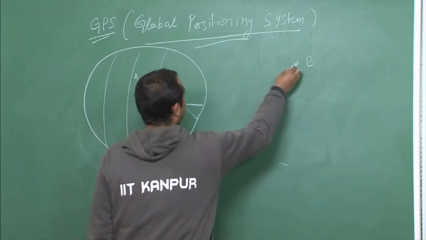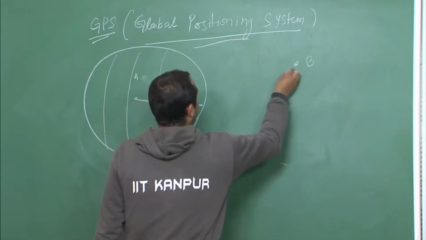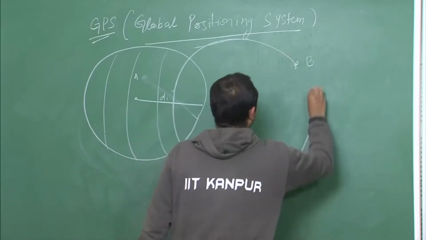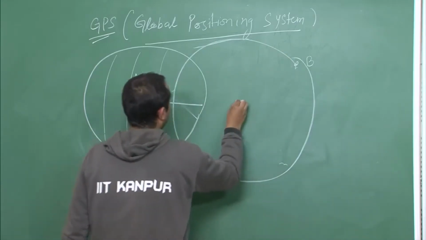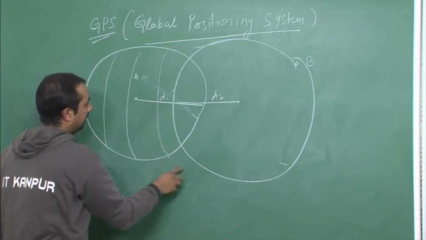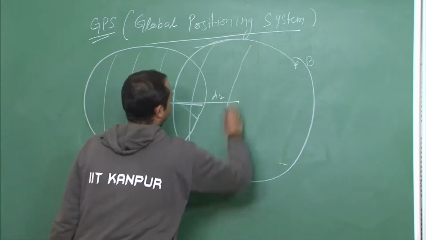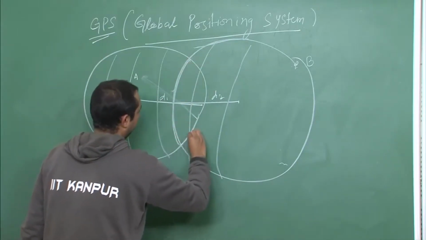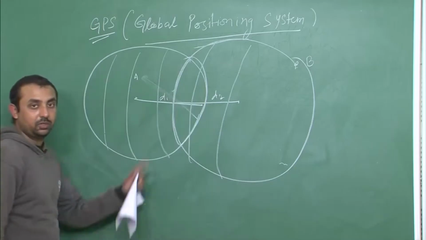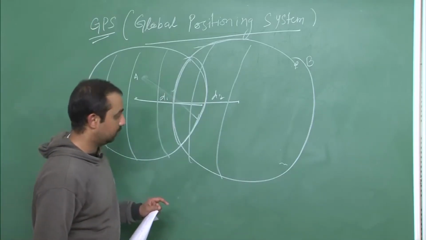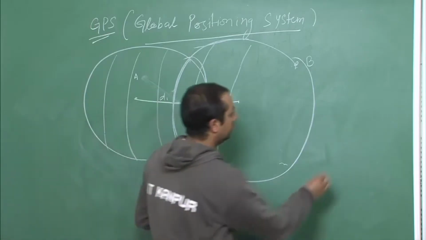Now the intersection of these 2 spheres will give you a circle. I will represent that with a small circle. So your object can lie anywhere on this whole circle.